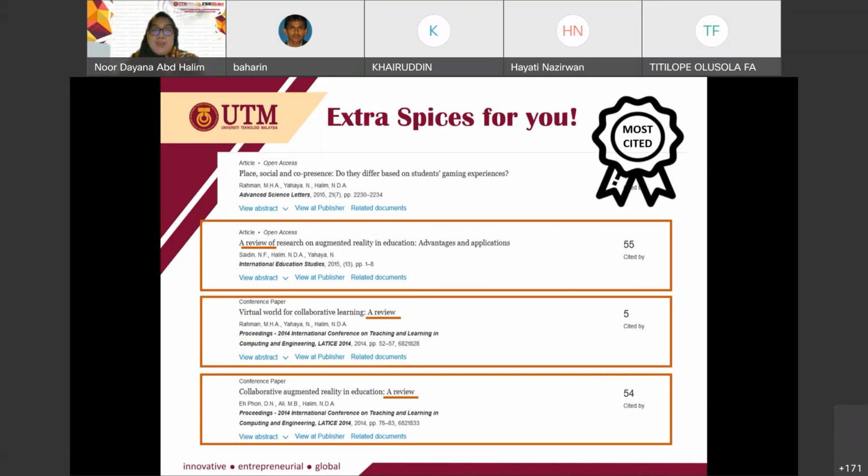So many other scholars or researchers will cite your paper if your paper is good and really shows good findings of the review related to a certain topic.